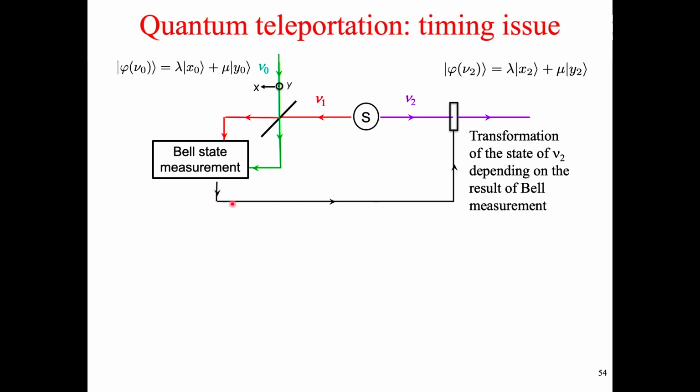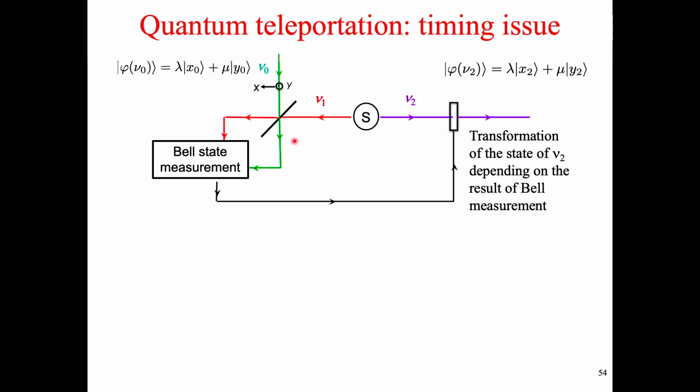And you can encode it on 2 bits. You send it here, and then you operate a transformation on the second photon, and now the state which was initially here is transferred to the other one. So this is the scheme.